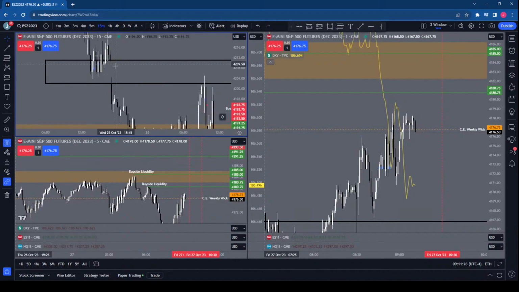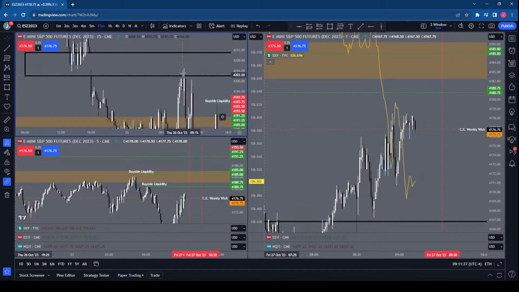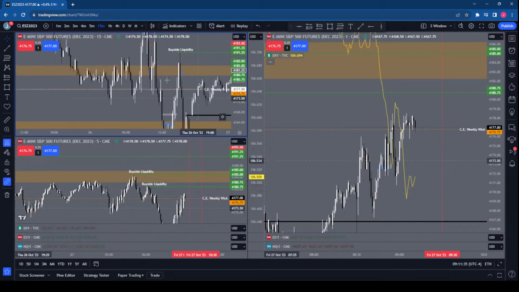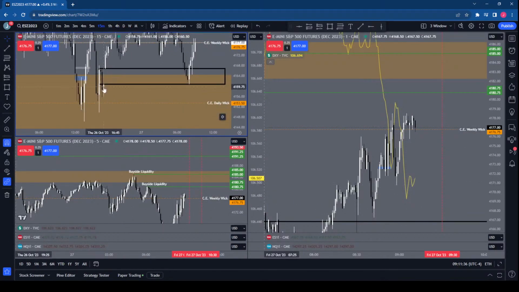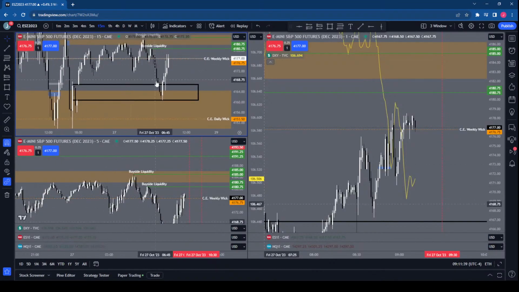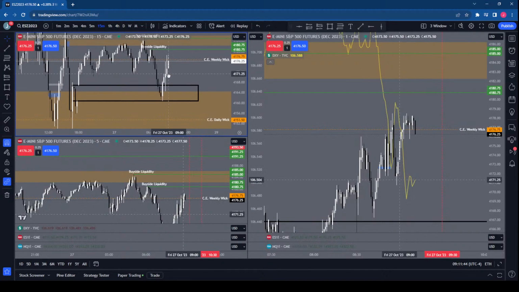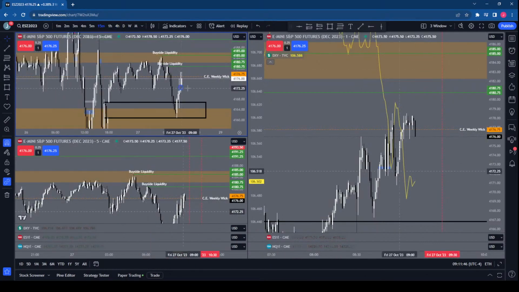Here you can see we gapped down, came back up, touched the new day opening gap, entered into that volume imbalance, and then sent it lower. So today we gapped up, came down, filled in the new day opening gap. Now we're going for buy side.